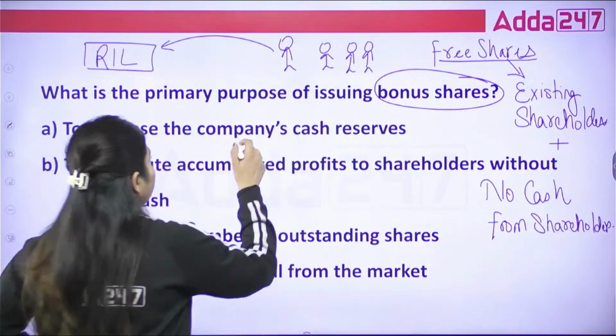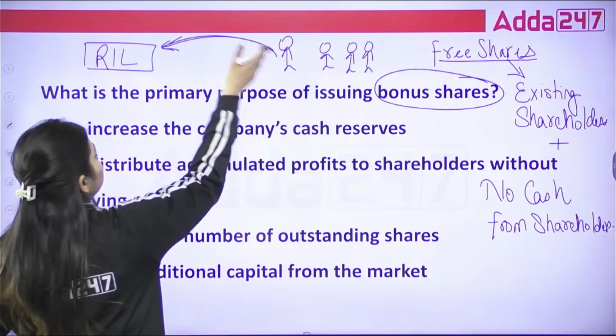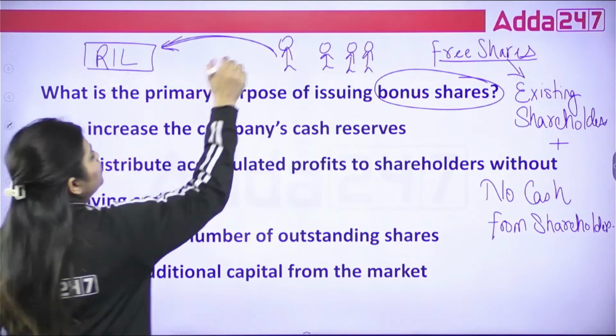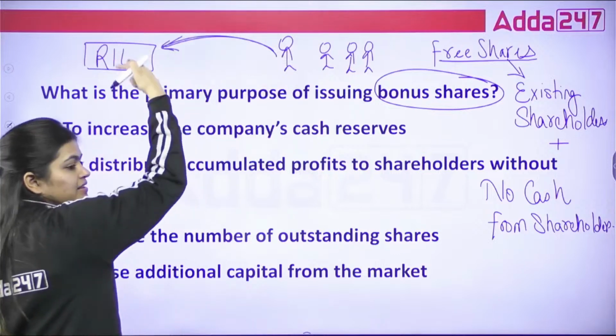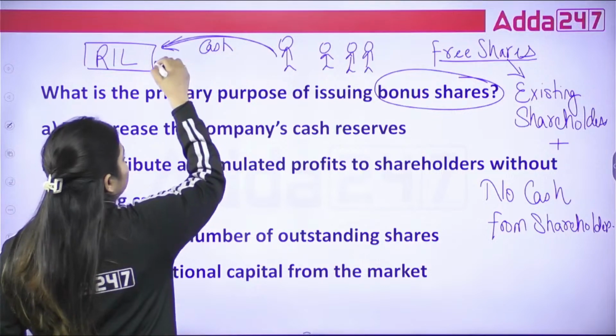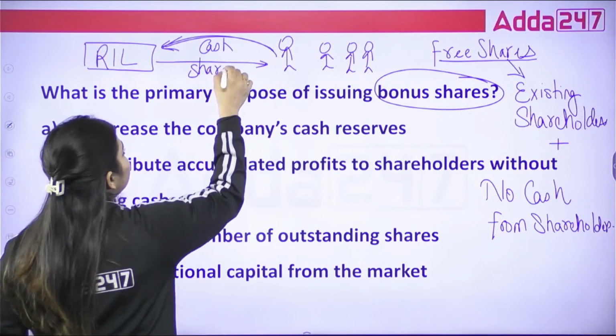So these investors became existing shareholders of Reliance Industries. For purchasing shares, initially they are required to pay cash, and then Reliance Industries transfers the shares. This is the first thing.